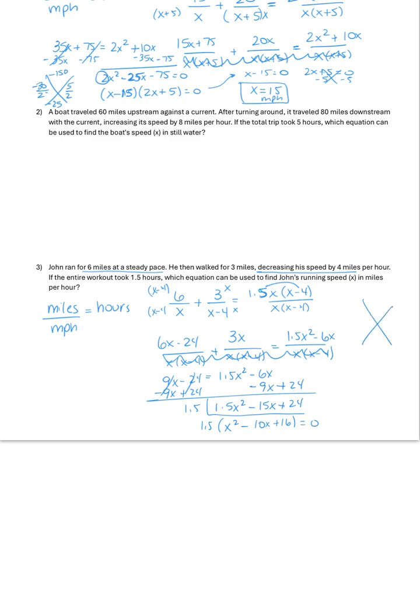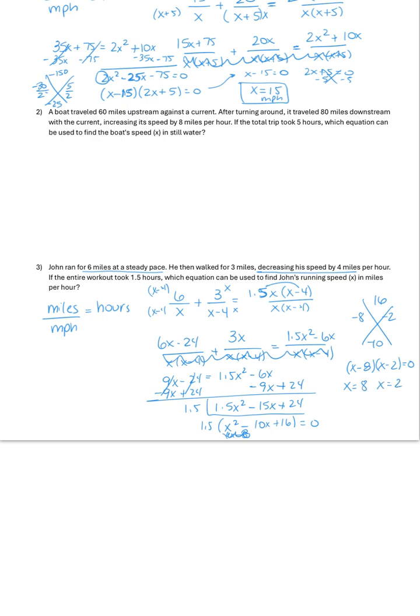So if I do that, I have to have 16 as a result, negative 10. So I'm going to use negative 8 and negative 2. So this is going to be x minus 8, x minus 2. So that means my x's could either be 8 or 2.